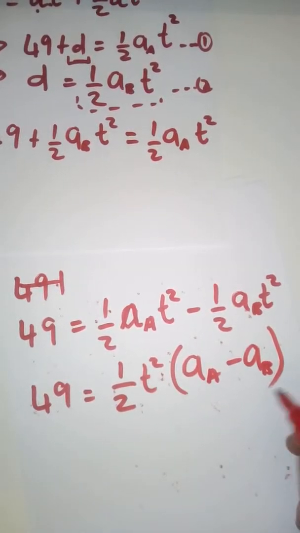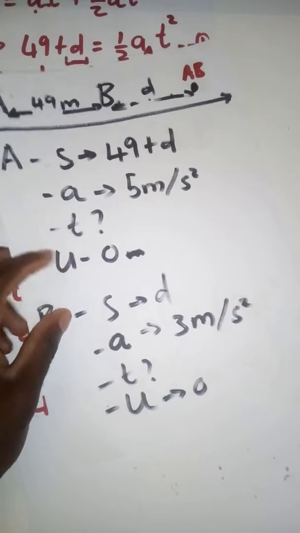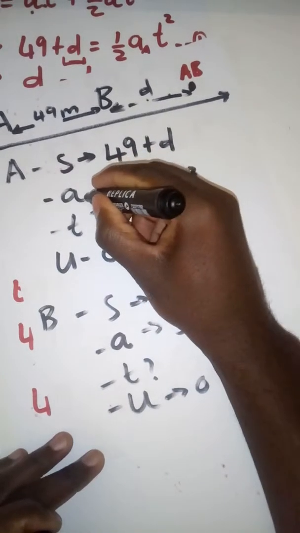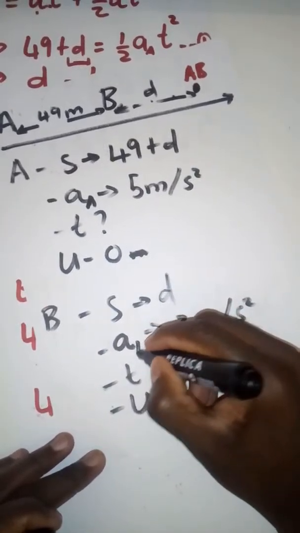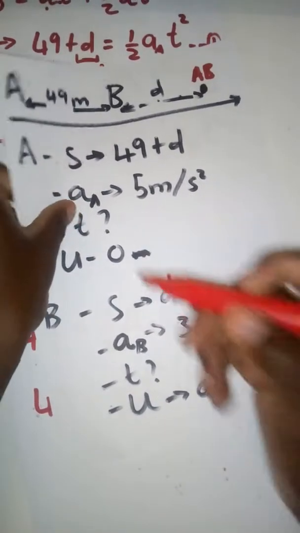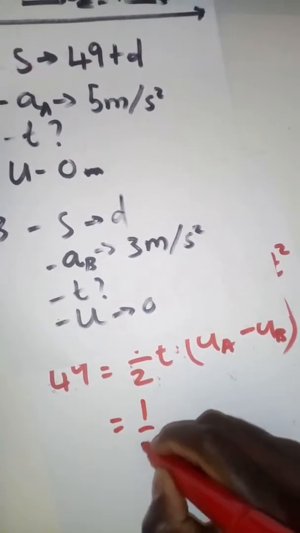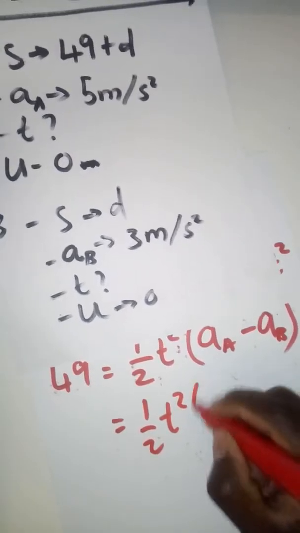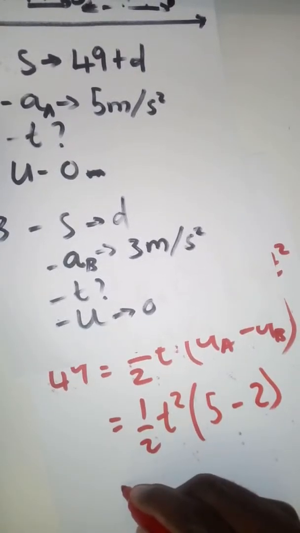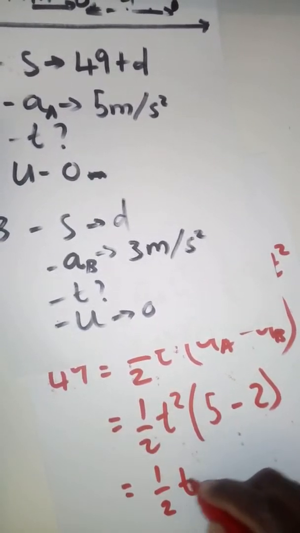We know our a_A and a_B, so we have 1 over 2 t squared times 5 minus 3.